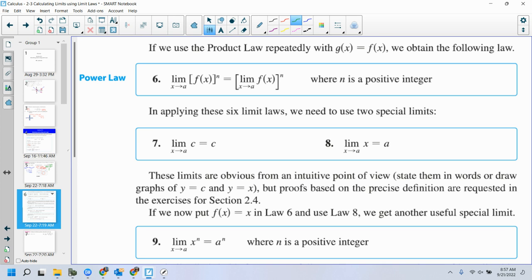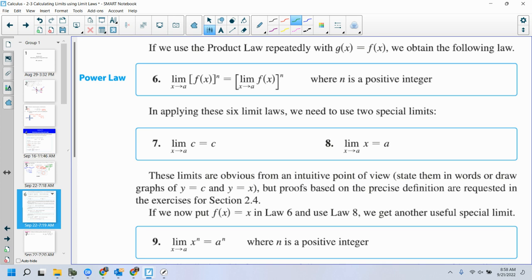Or the power law, excuse me. Power law. It says that if you have a power on the function, you can take the power of the limit. Basically saying that it's kind of commutative there.